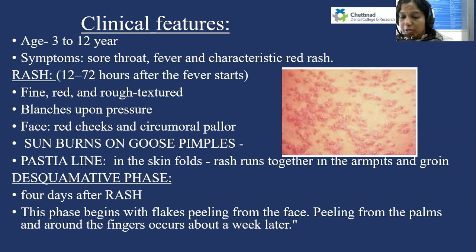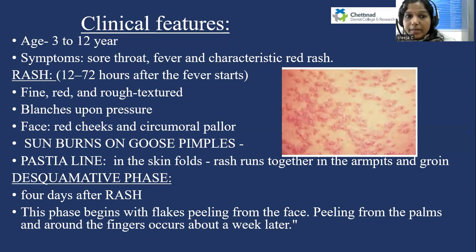You don't see these lesions. The pimple-like erythematous areas are described as sunburn with goosebumps. Also the child will have erythematous lines that run through the skin folds, like in the armpits and the groin region. These lines are called Pastia's lines.